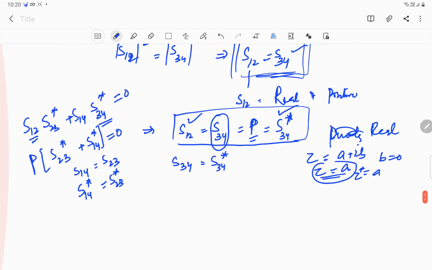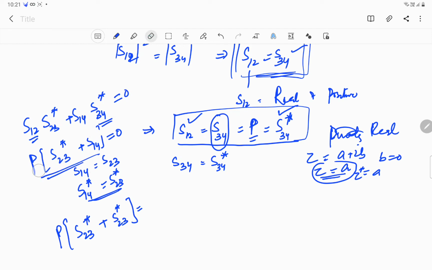So from this equation, p into s23 conjugate plus s14 conjugate is 0, and I can write p into s23 conjugate plus s23 is equal to 0.